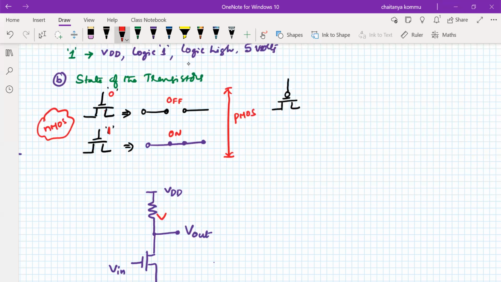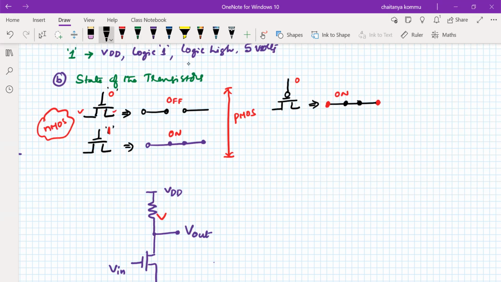If you apply logic 0, it will act as a short circuit, so I can simply say it is an on transistor. Whatever signal is applied here will be transferred to the output side. This is input, this is output, for example.